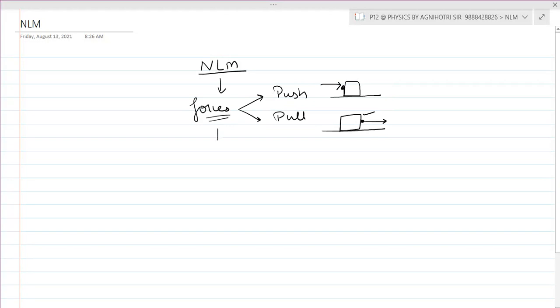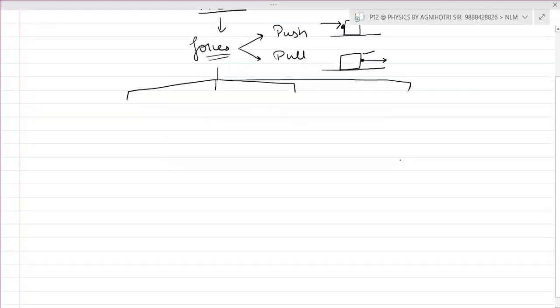So the forces involved in this concept of laws of motion are the gravitational force. So gravitational force, very simple, okay? And another one is tension.